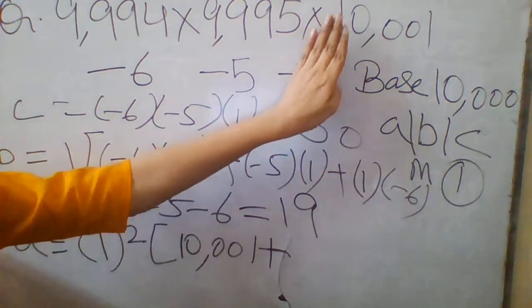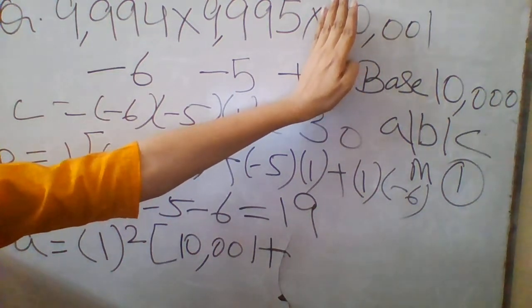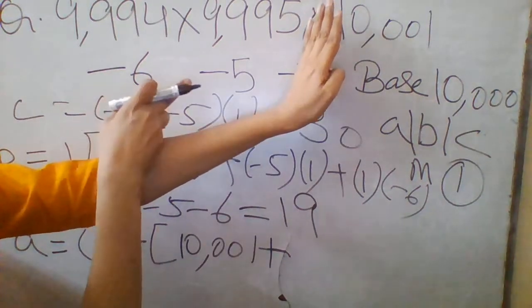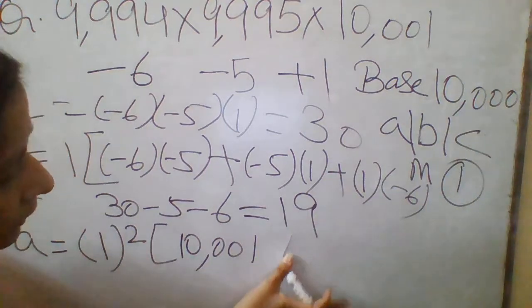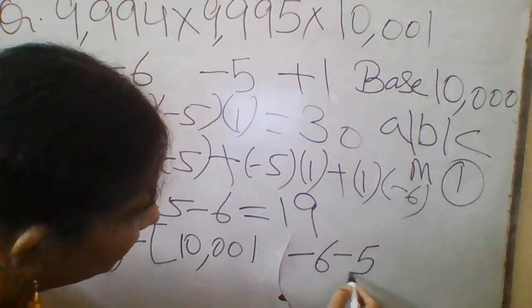So for that I will keep my hand like this. And what are the remaining two excess or deficient values? You can clearly see minus 6 and minus 5. So here I will write down minus 6 and this minus 5.